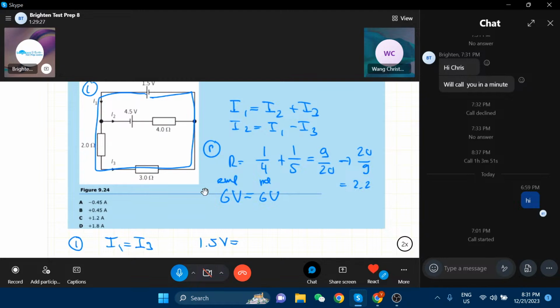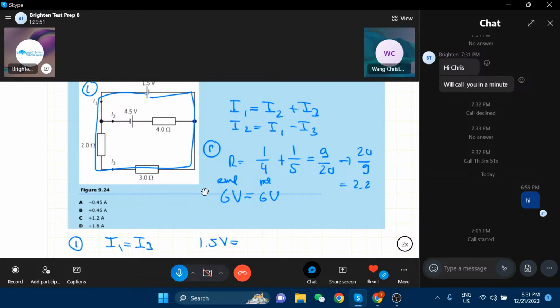A total of 1.5. So when I look at the individual elements, what can I say? Well, I think we add the resistances together. Okay, 5.